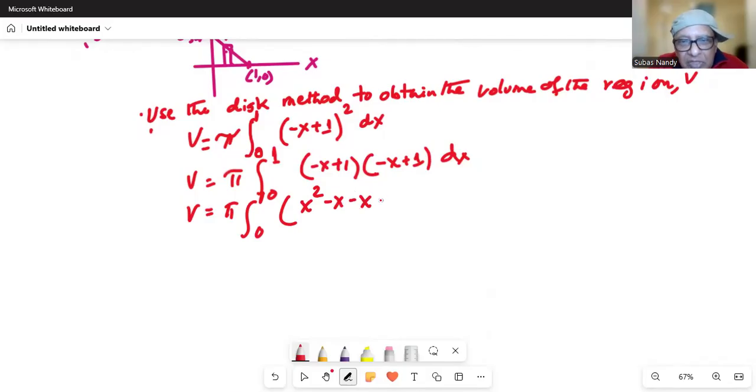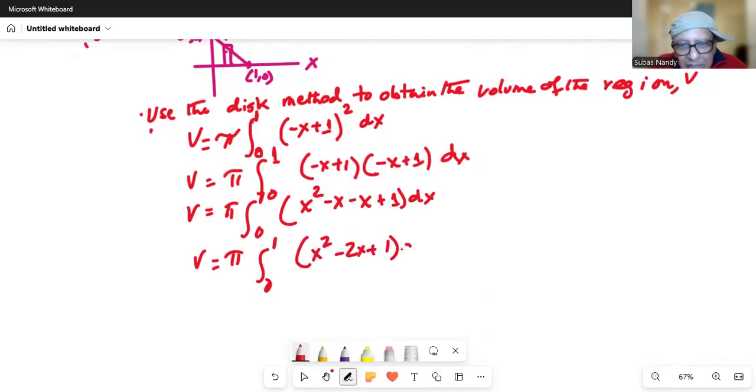Then the last term is 1 times 1, positive, which is plus 1, and dx. So this becomes volume equal to pi, limits of integration from 0 to 1, x squared minus 2x plus 1 dx.